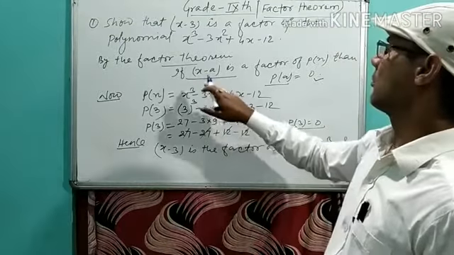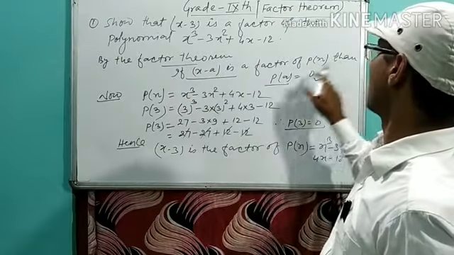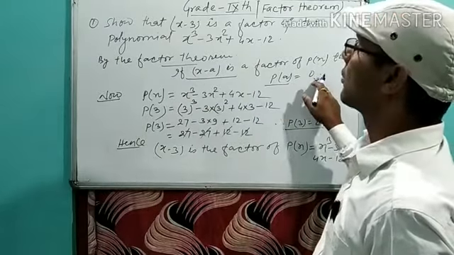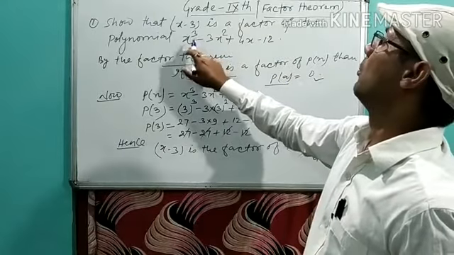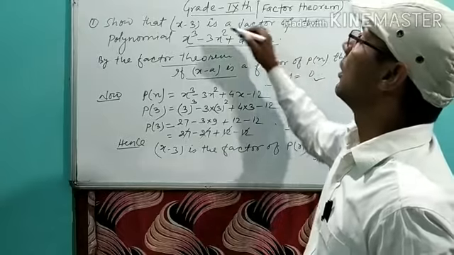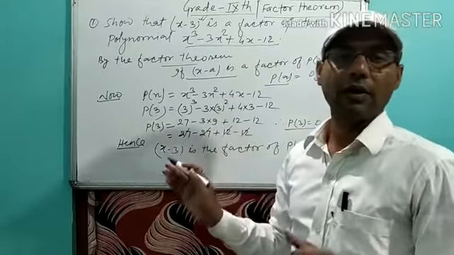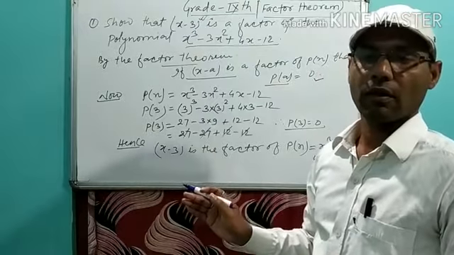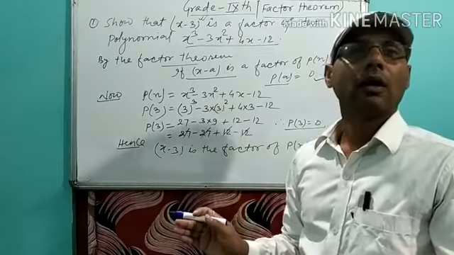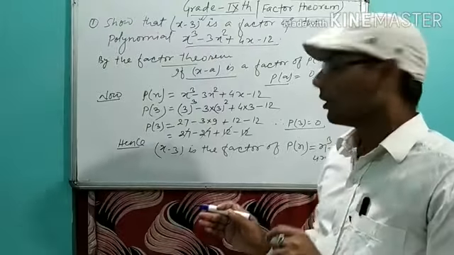By the factor theorem, if x minus a is a factor of p(x), then p(a) is equal to what? Suppose p(x), a polynomial in x, is divided by this polynomial. If we divide it, the remainder comes either 0 or some constant.